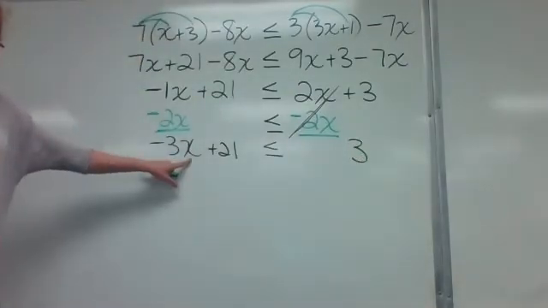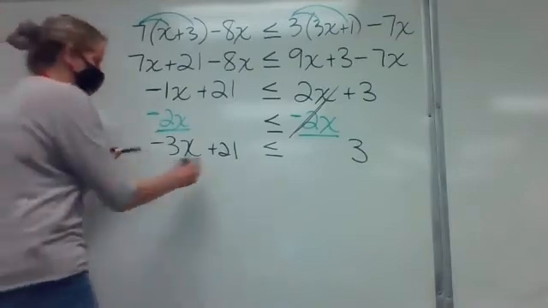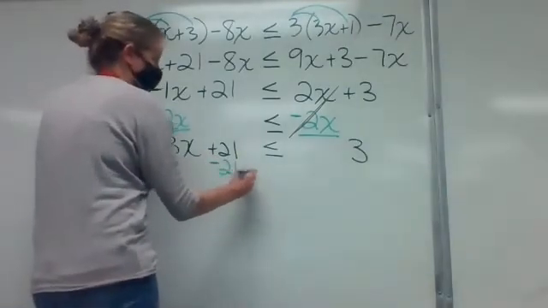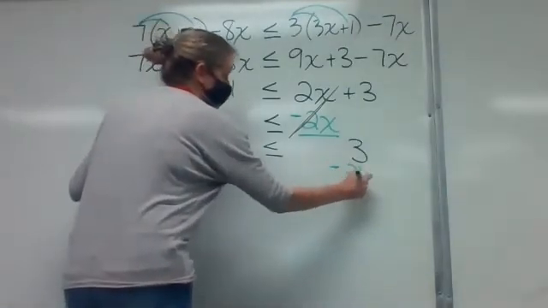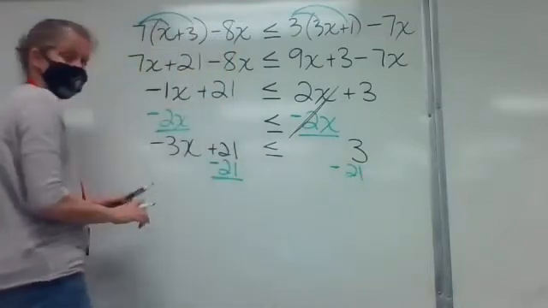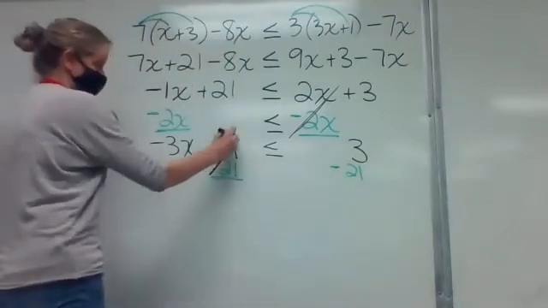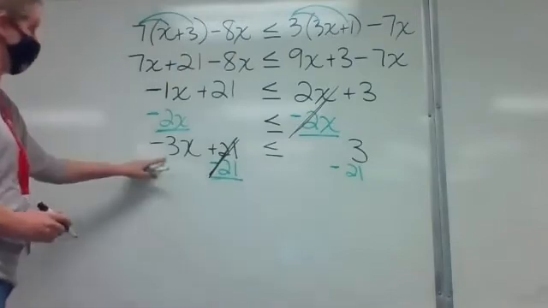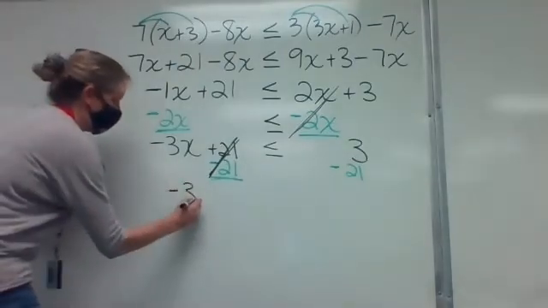So here's my x that I'm getting alone. Don't get rid of what's hooked on yet. Get rid of that plus 21. So I'm going to subtract 21. Cancel it. So now all I have left over here is the negative 3x.